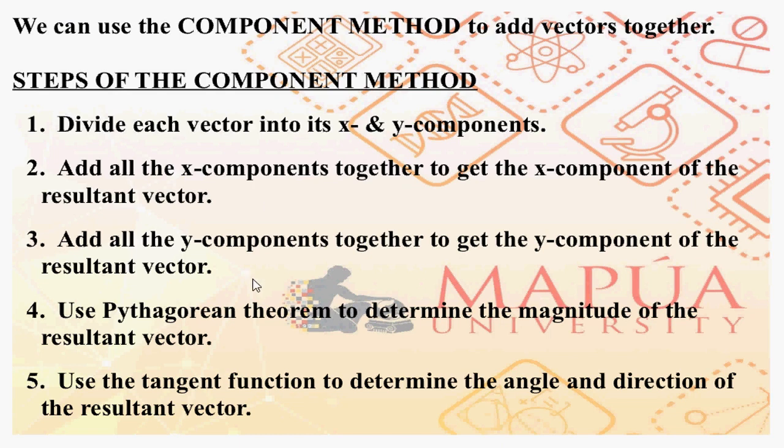Add all the y components together to get the y component of the resultant. Use Pythagorean theorem to determine the magnitude of the resultant vector. And use tangent function to determine the angle and direction of the resultant vector. And in doing component method, you are adding vectors together.